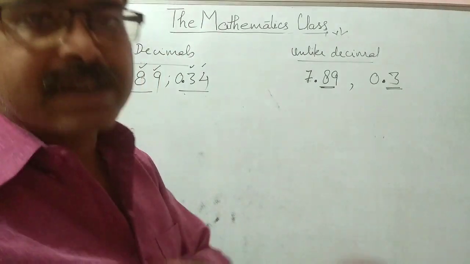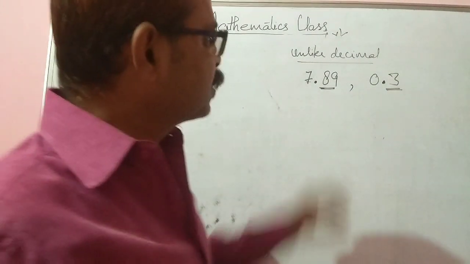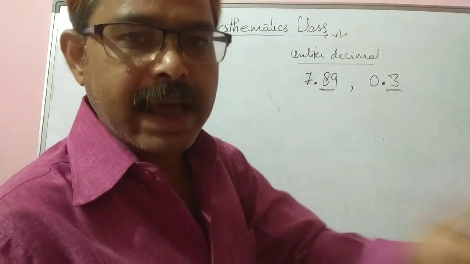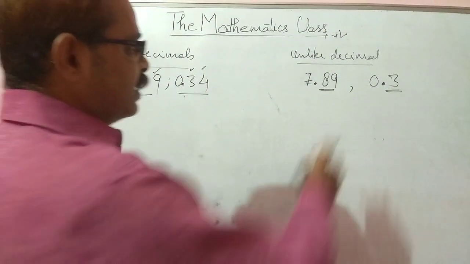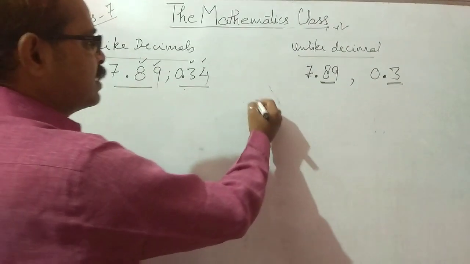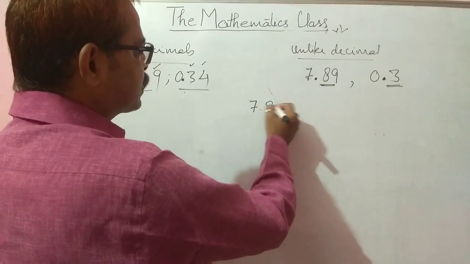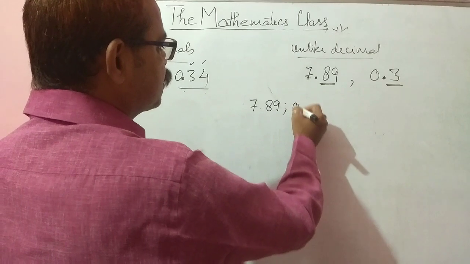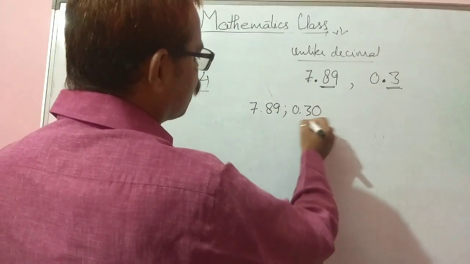In some of the questions, we have the option to convert unlike decimals into like decimals. Suppose I want to make these two numbers like, what should I do? 7.89 and then 0.30.